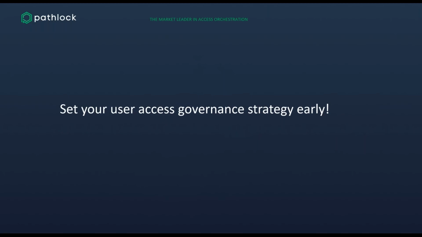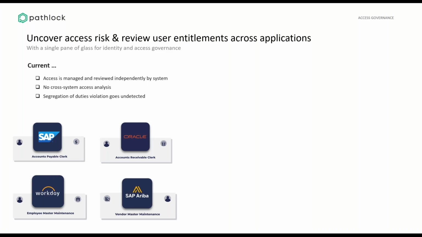So hopefully we've made it clear during today's webinar why it's so important to set your user access governance strategy early. Why is that so critical, especially as we adopt various business applications? It's really about having the ability to properly and accurately uncover risk across business applications, provision, and review user entitlements, all of those functionalities within one single pane of glass or source of truth.